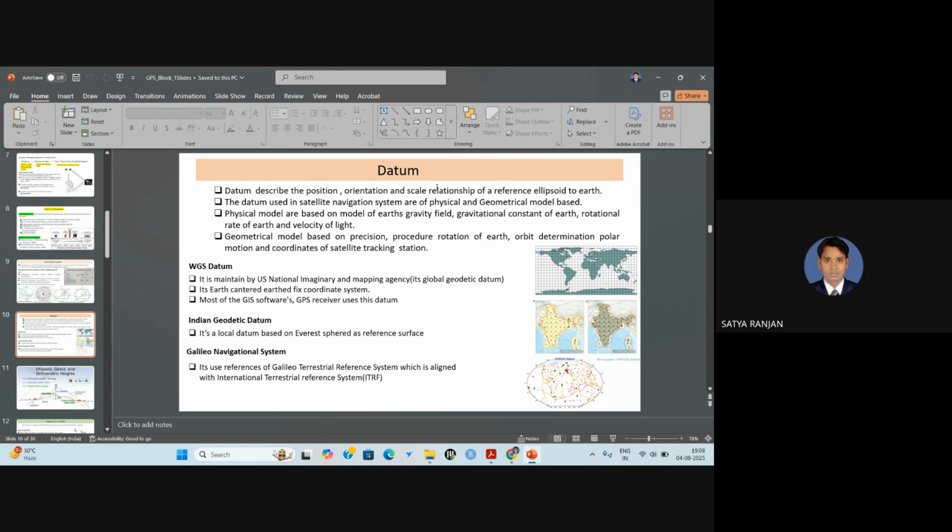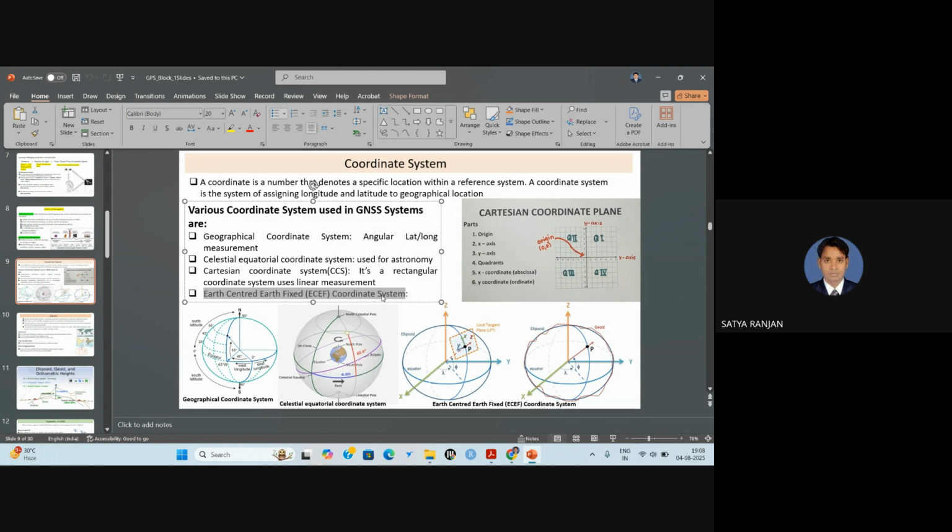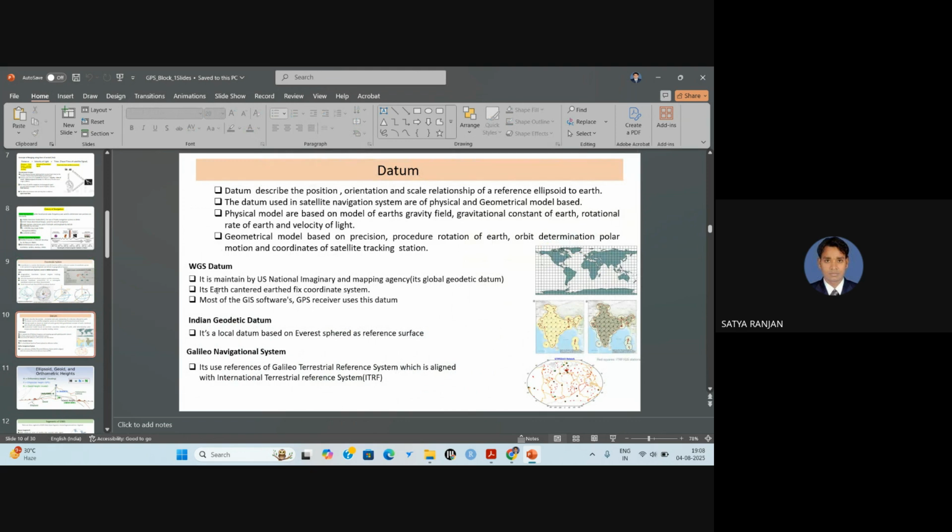Previously we observed that the Earth Centered Earth Fixed coordinate system is one of the coordinate systems of GNSS. Most of the GIS software and GPS receivers use this datum. So in our GIS software, we use this WGS 84 datum information as a reference for different projections.